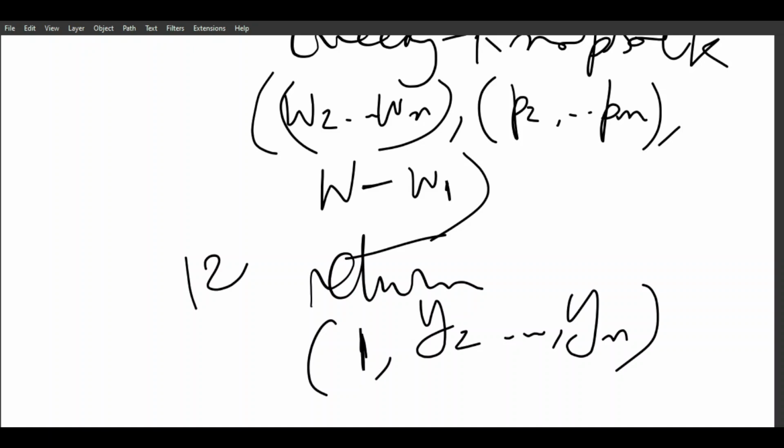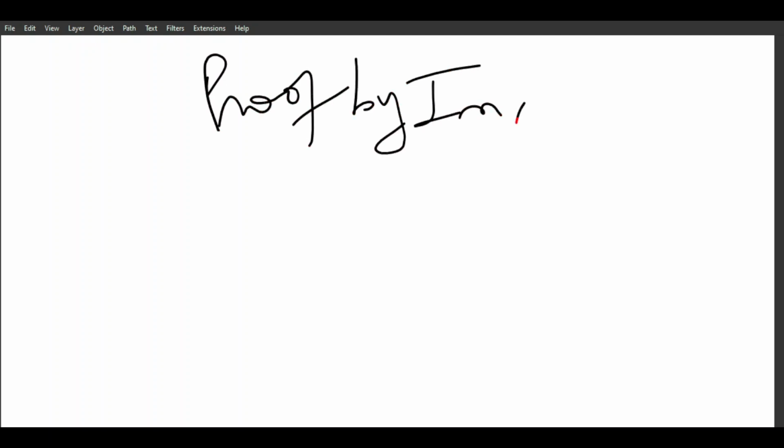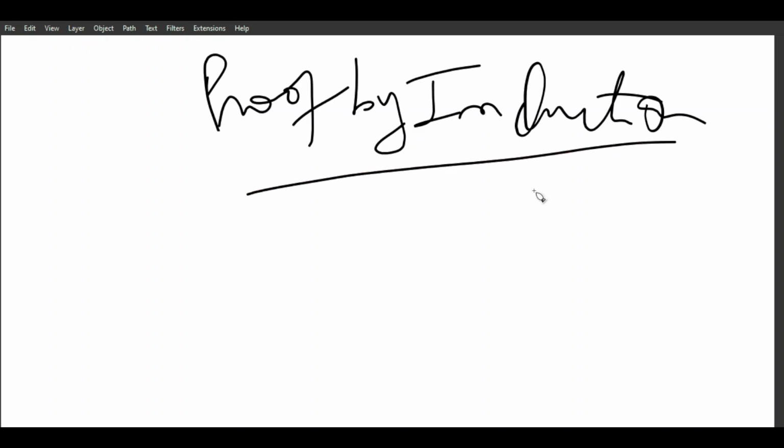Now the difficult part is we have to prove that this algorithm gives an optimal solution, meaning that if we have any other solution, then this is either the same or better than the other solution. So we prove this by induction. Proof is by induction. How do we prove it?